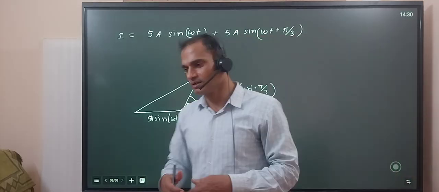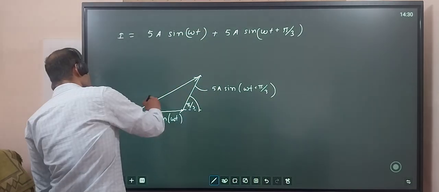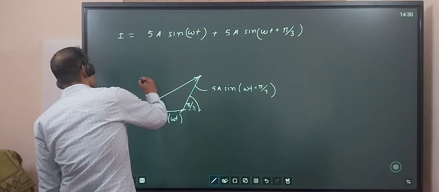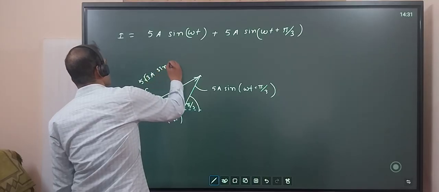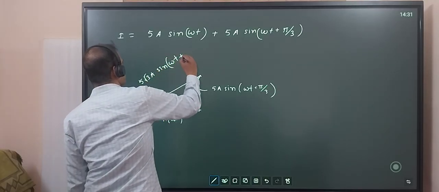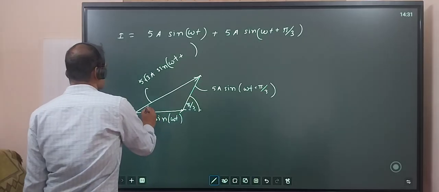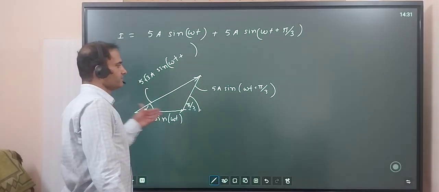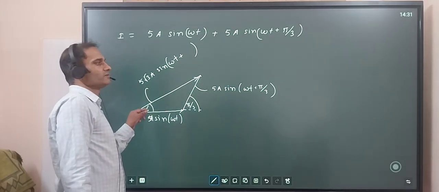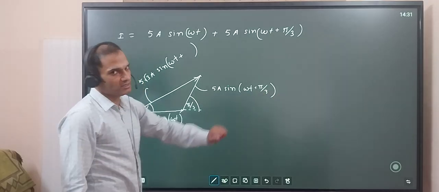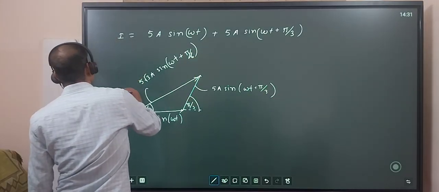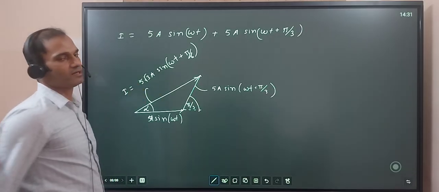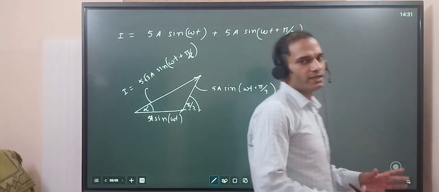So we are getting 5 root 3 ampere sin omega t plus, what will be this angle? Clearly this is 5 ampere, this is 5 ampere, this angle will be half of pi by 3, so we get pi by 6. So clearly we have an advantage, we can easily add these things.